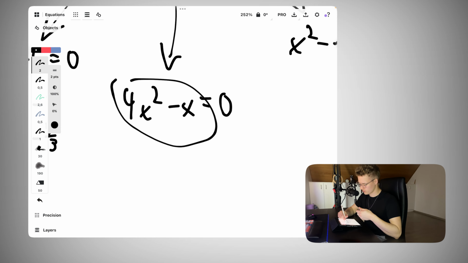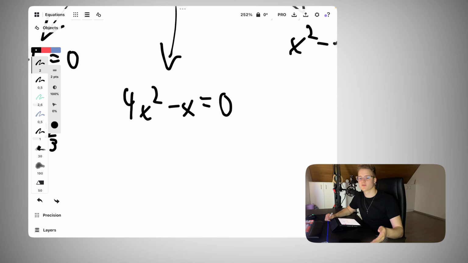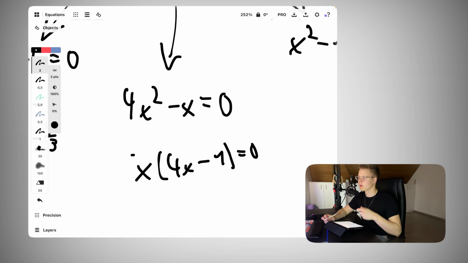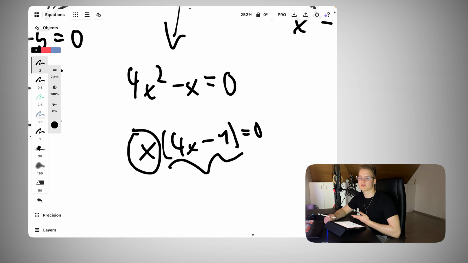Now, what we want to do is ideally just transform this original equation into a series of products: something times something times something, and then solve for when each of the individual terms is going to be equal to 0. In this example, they have a common term, which is x, so we can factor it out. So x times 4x minus 1 equals 0. Now, this is going to be equal to 0 either when the first term is equal to 0 or when the parenthesis is equal to 0.